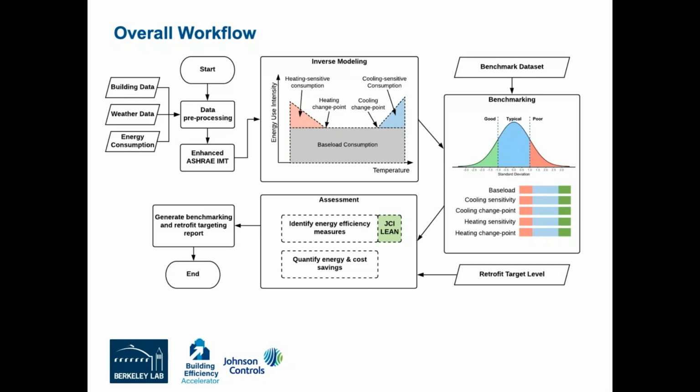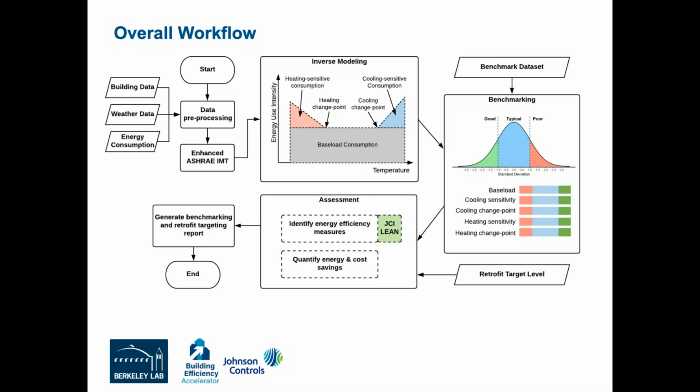We get heating and cooling change points, and we get heating and cooling sensitive consumption, which has to do with how quickly a building starts to consume energy for heating or cooling as outdoor air temperatures rise or fall. And we'll talk about that in a little more detail later.